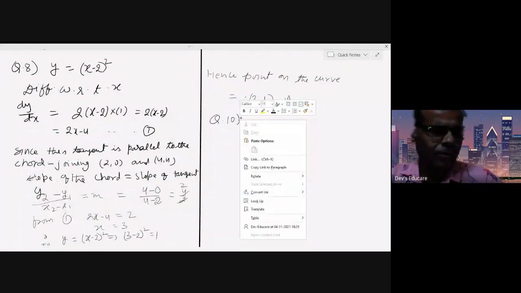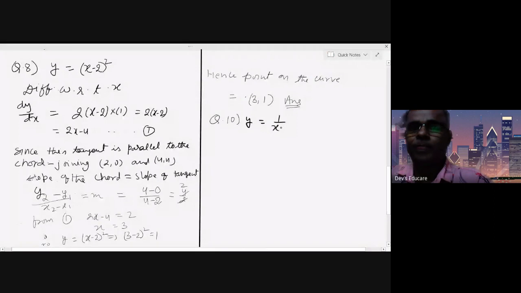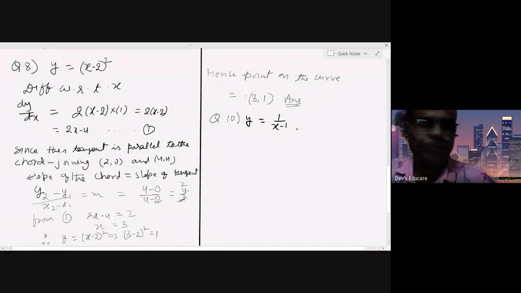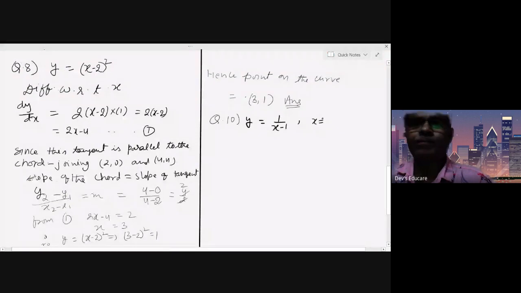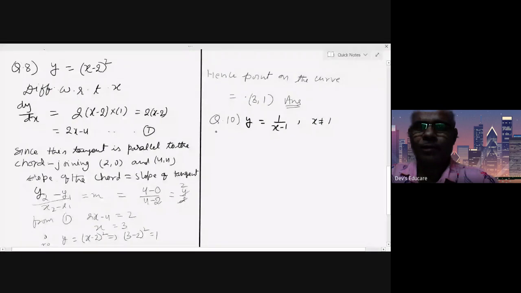Find the equation of all lines having slope -1 that are tangent to the curve y equals 1 upon x minus 1. So we have y equals 1 upon x minus 1, and x does not equal 1. First we will do the same thing, differentiating with respect to x.